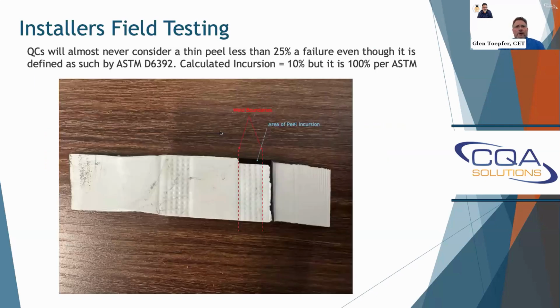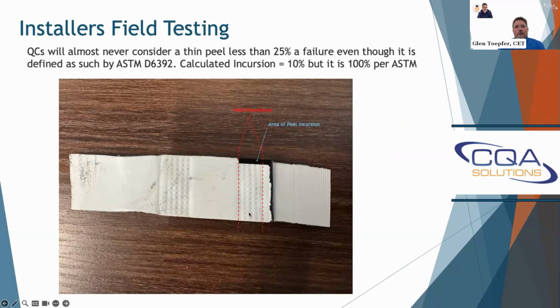And I threw in an example of it here. If you have this area of peel incursion here, your seam is really the area between the two hashed lines, because that's where your nip rollers had the pressure. So that's your area of seam. You take your area of peel incursion; I usually measure it with a scale, a 60th scale, and divide it out.